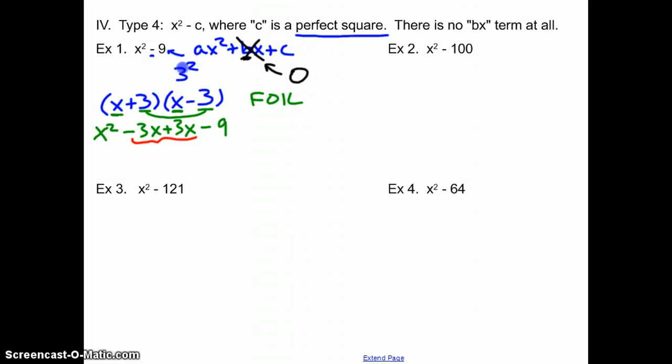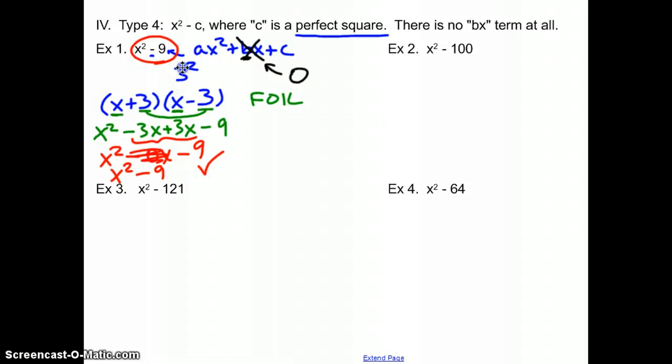I've got a negative 3 plus a positive 3, which is a 0 times x. So I have x squared minus 0x minus 9. And of course this middle term goes away. X squared minus 9. I look up at my original problem, x squared minus 9. My FOIL checks out exactly like I expected.